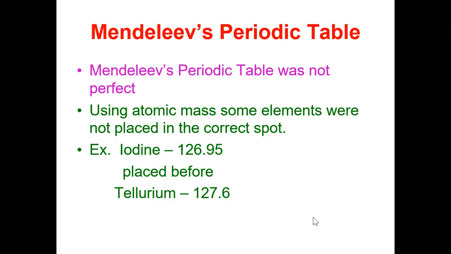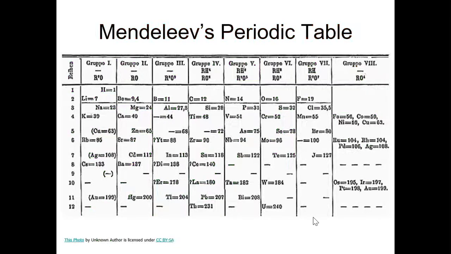So what he proposed was to switch the order, which again blew some people's minds, to say, wait a second, this whole table that we're looking at, everything is in order of increasing mass. You're going to tell me these two have to be switched. And yeah, they did, because when you look at the valence electrons and the electronic structure of these elements, iodine fits much, much better structurally in column 7, and tellurium fits much, much better in column 6.